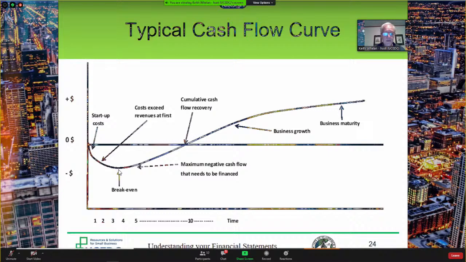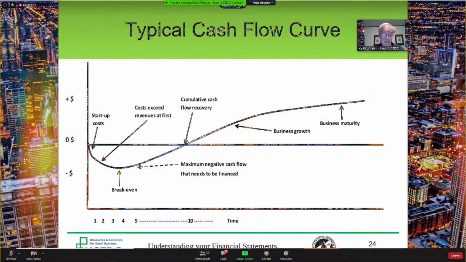What you want to do is these projections on a monthly basis as a startup, to project how much the most negative cumulative cash flow is, this bottoming of this curve down here, before you finally get to break even, because you want to quantify that, you want to estimate that accurately in advance before you open your doors the first day of business, because you want to line up sources of capital to cover that period of time when you've got a large cumulative negative cash flow.